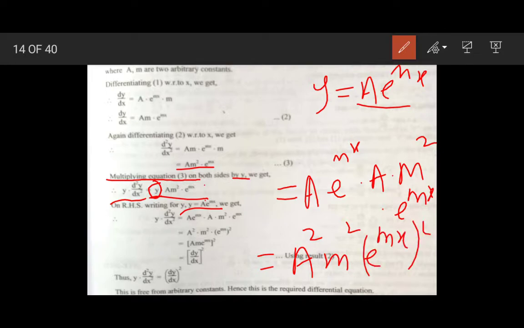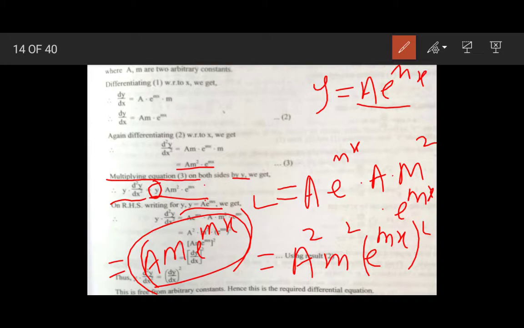So that means that term is a m e raised to mx whole square, and this term is nothing but dy upon dx. So that is equal to dy upon dx whole square. So finally what I am getting is y into d2y upon dx square is equal to dy upon dx whole square. This is the required differential equation.